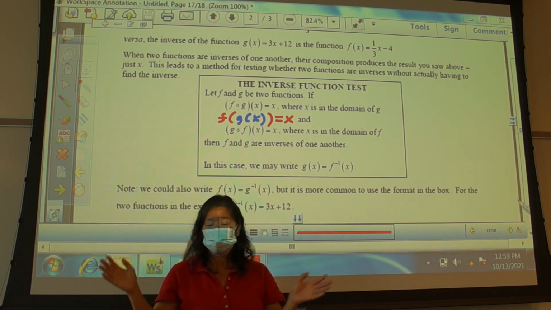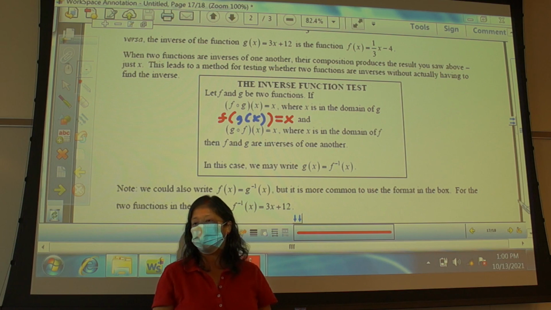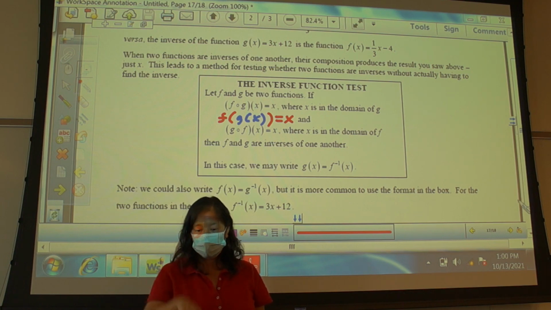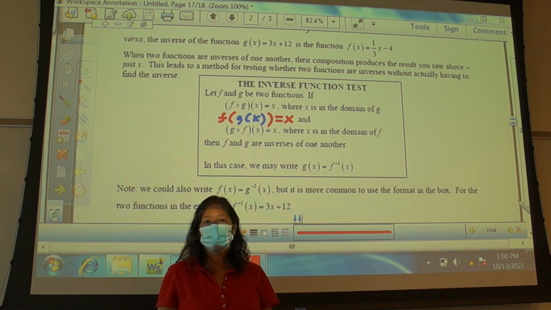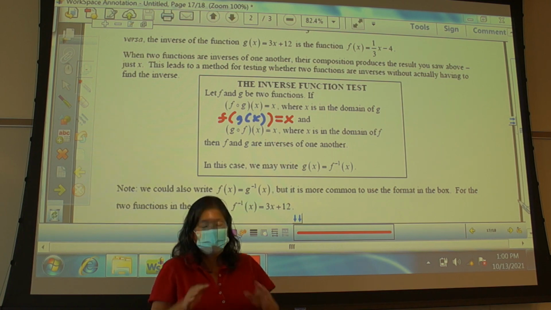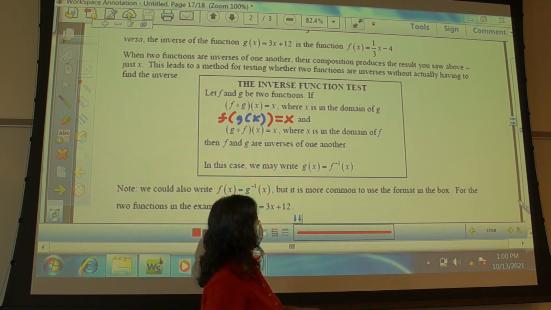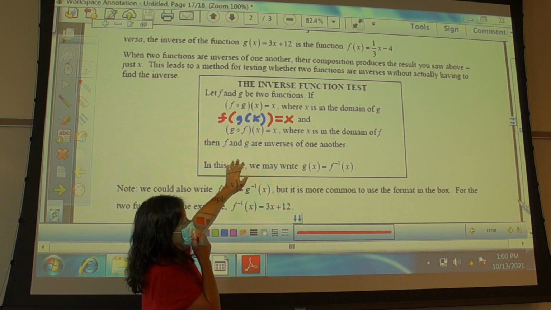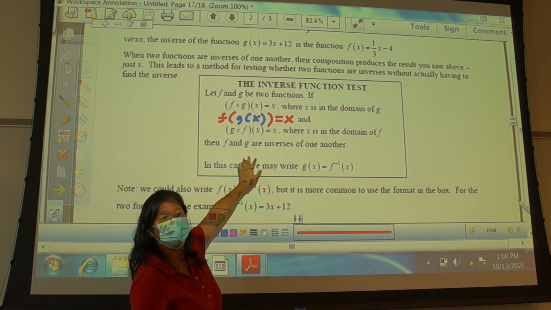So any number I put into those, if I do both of them, I get what I started with. I get x, right? If you put x in, you get that same x back. Not x plus 3, not x times 2, you get that same x back. That's what inverses do.